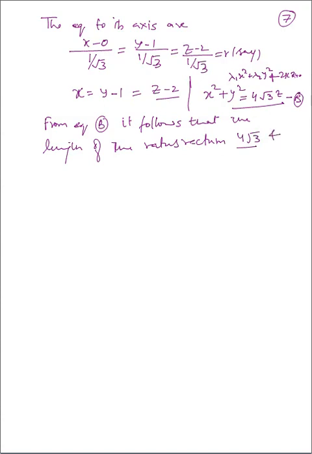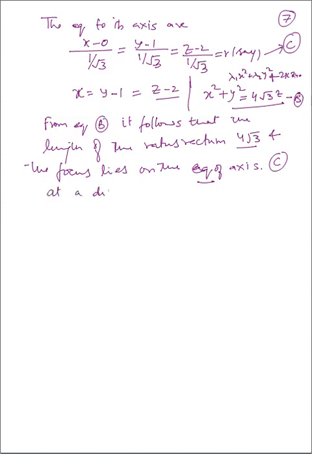Hence the focus lies on the axis, on the equation of axis, which we say is equation C, at a distance 1 by 4 of this, that is root 3, from the vertex.